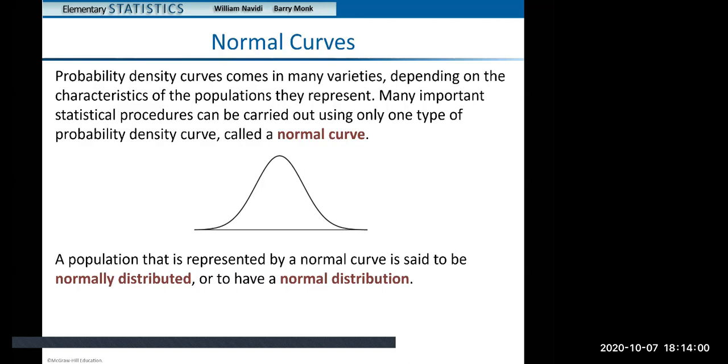But the whole chapter is all about the normal distribution, the normal curve. You're going to see something like this. Remember also, if it's a normal curve, the mean, the median, and the mode are all the same, at the center. So don't forget that.